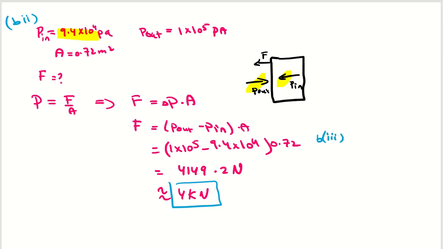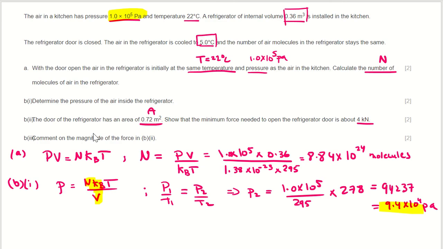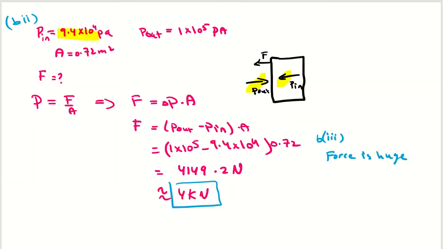So the comment is that the force is huge, which means that the method that we were using is wrong. And why is it wrong? Because we considered the gas as an ideal gas, and maybe it's not. Maybe it's a real gas. So maybe it's a wrong approach used.